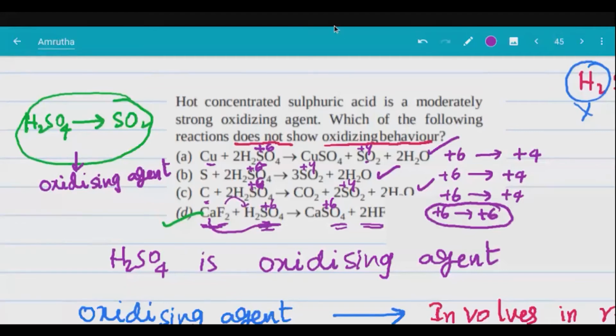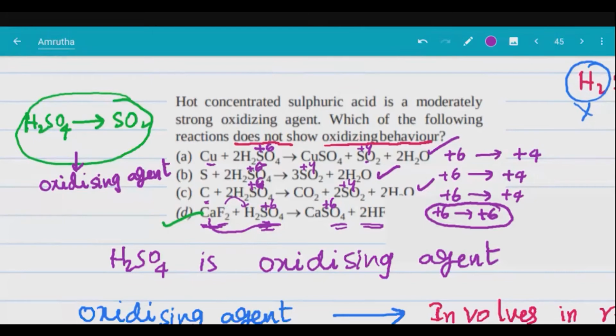So it is an ion exchange reaction, displacement we say. Double displacement, because two ions are exchanged. There is no reduction.